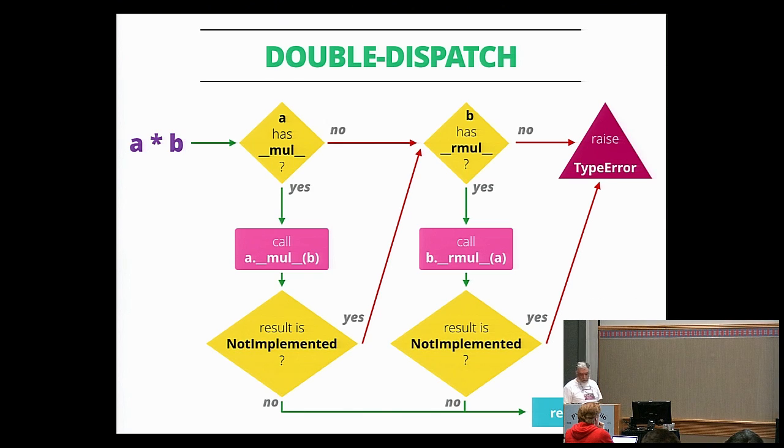The solution to this problem is beautiful. It's a coding pattern, double dispatch, that was also invented by the Smalltalk guys. But Python has built-in support for the mechanism, so it's actually easier to do it in Python than it is in Smalltalk. And the way it works is, to evaluate A times B, the interpreter checks whether A has dunder-mul. And yes, the int class has dunder-mul.